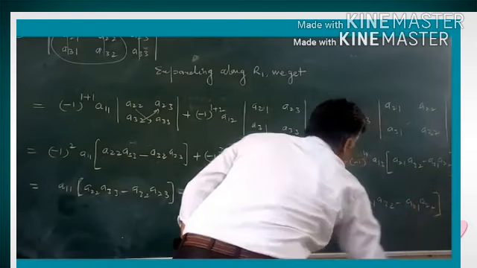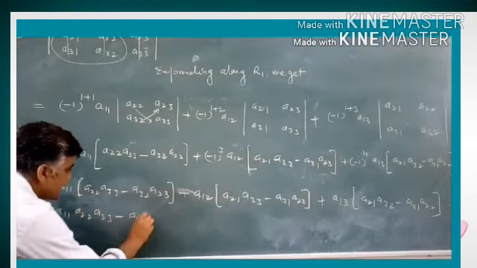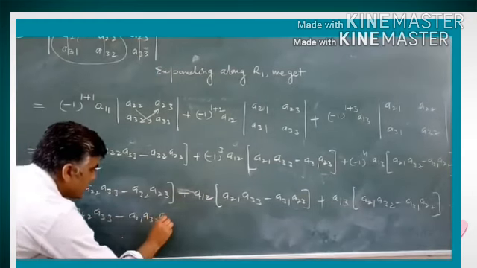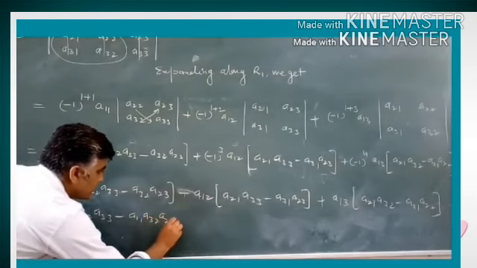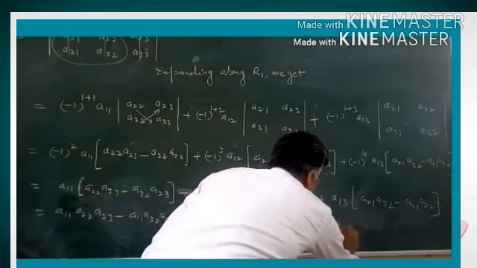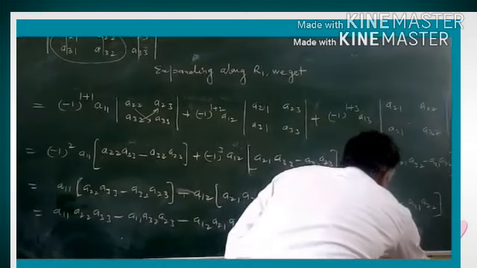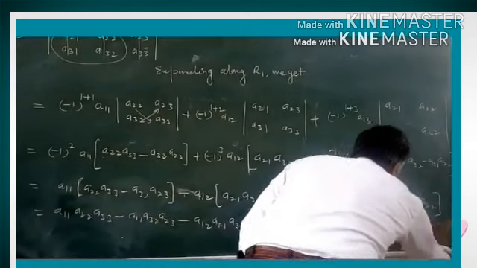After multiplying, we get A11 A22 A33 minus A11 A32 A23 minus A12 A21 A33 plus A12 A31 A23 plus A13 A21 A32 minus A13 A31 A22.